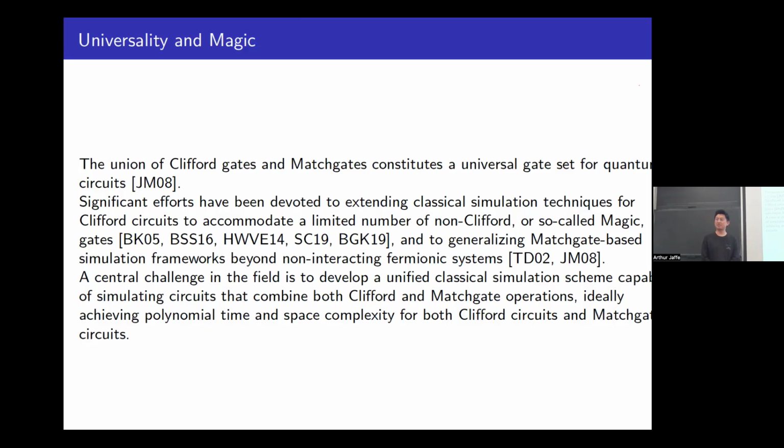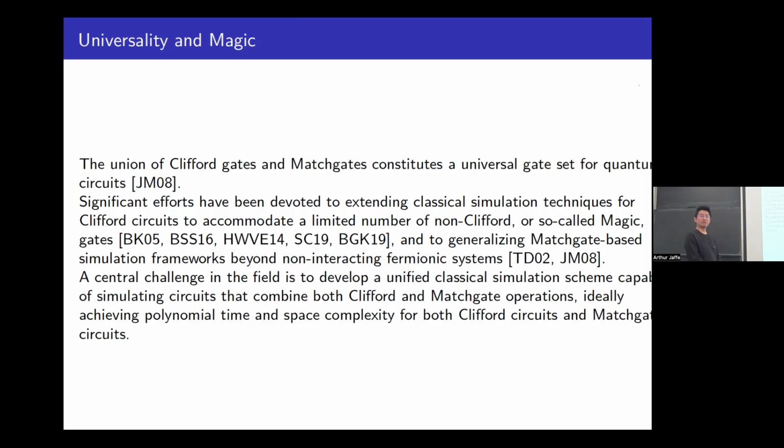And somehow we cannot expect to simulate all possible circuits in polynomial time, because that involves NP-complete problems, unless P equals NP. So the best case people would expect is to have some Clifford gates plus a small number of magic gates, or the other way around.